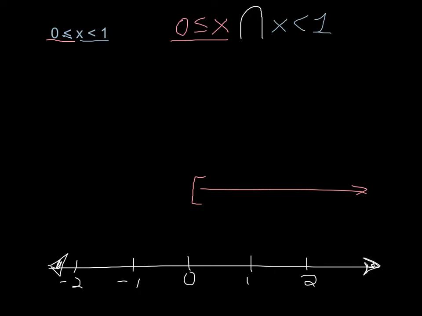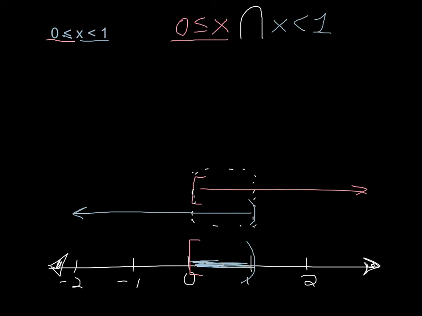And x is less than 1, so that's a round paren, going left. Then, when we combine these with the intersection, that means we just take the parts that are overlapping. So we have 0, and we have 1, and then we just color what's in between them.